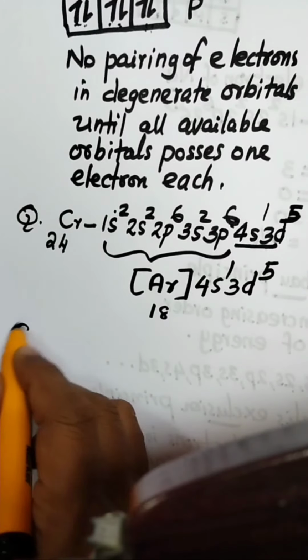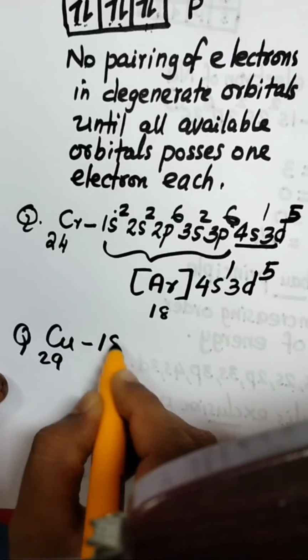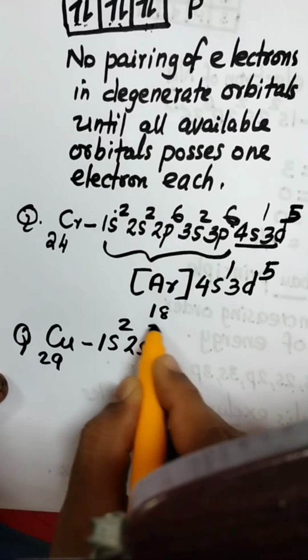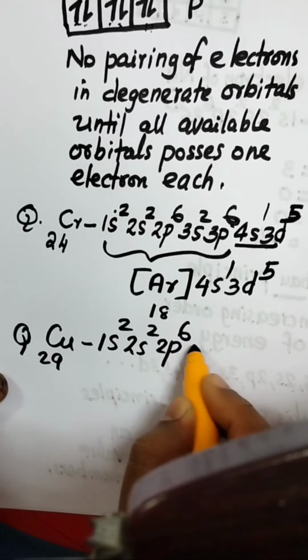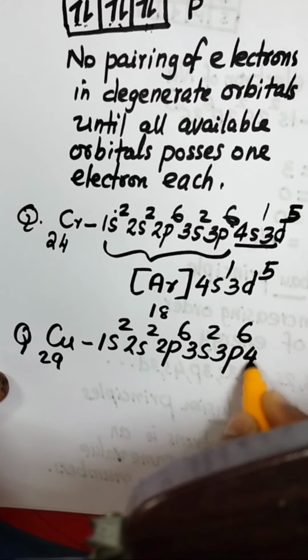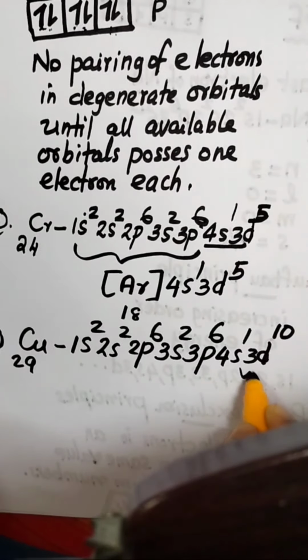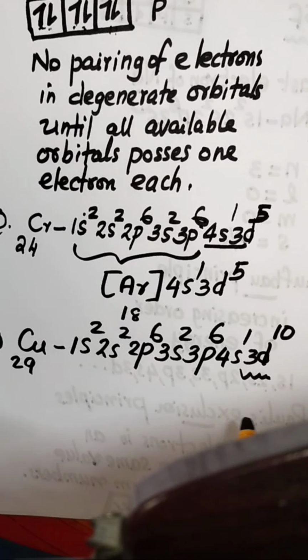Then the electronic configuration of copper, atomic number 29: 1s2, 2s2, 2p6, 3s2, 3p6, 4s1, 3d10. Here the d orbital is completely filled.